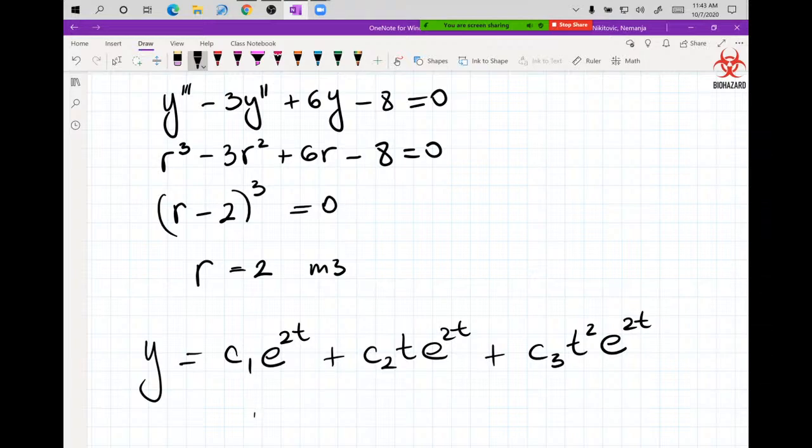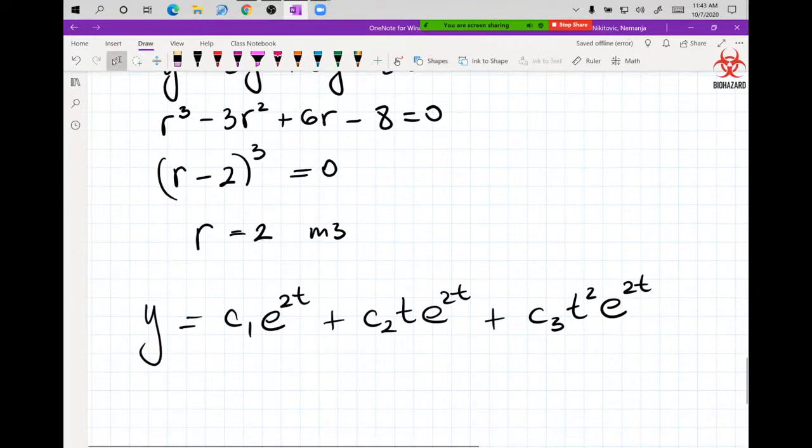So you see that there is no t, then linear t, then the quadratic t, because this was always e to the 2t. As many times as it repeats, you always have to go an extra power on the term that multiplies it. And this would be your general solution.